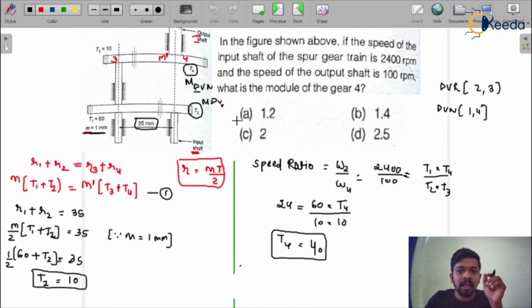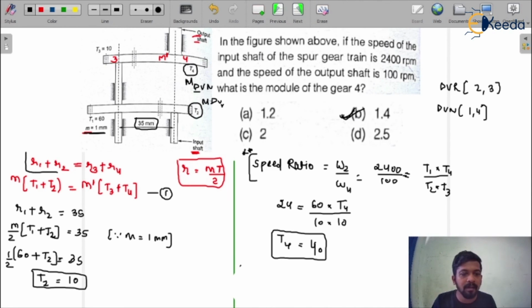And this would be the same module for gear 3, because 3 and 4 are in mesh, and these two are the mating gears, and the module for mating gears is equal to each other. Okay, they have the same module. So the module for gear 4 we have calculated is 1.4. You need to understand, you have to use the speed ratio formula; learn the speed ratio formula for the reverted gear train.